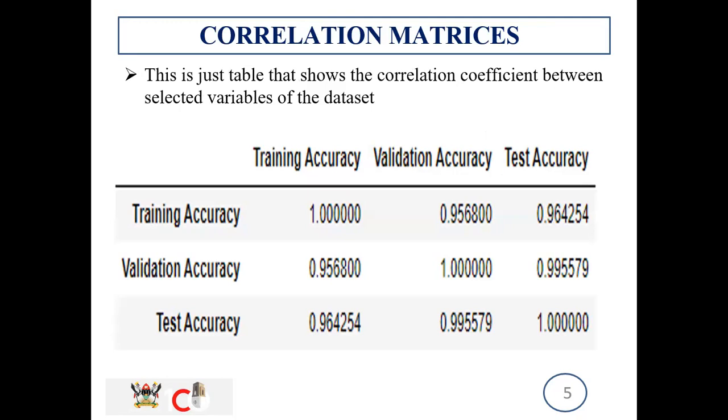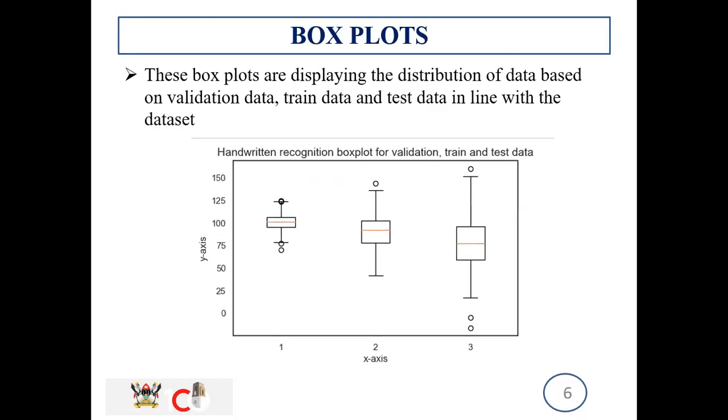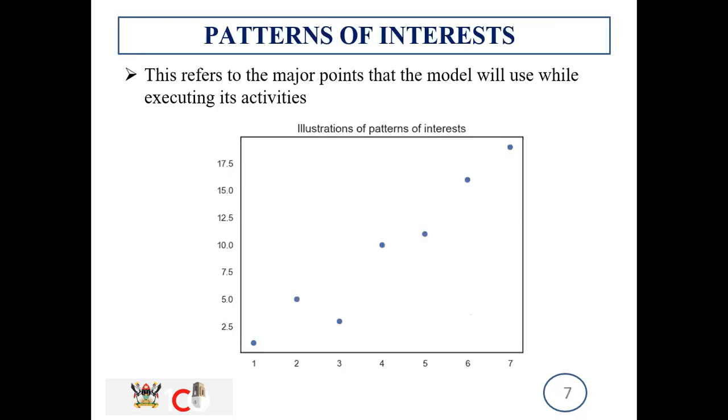The classes in my dataset are training, validation, and testing. Then the box plot, which has the train box plot, test box plot, and lastly the validation box plot, simply displaying the distribution of data on validation data, train data, and test data.